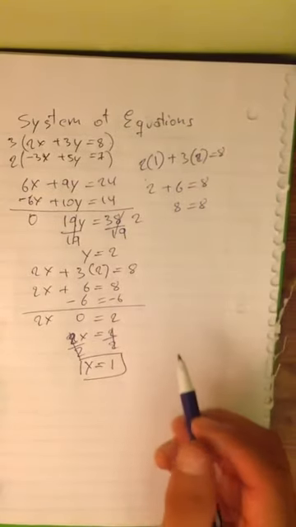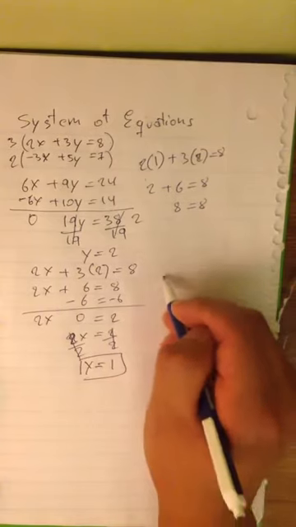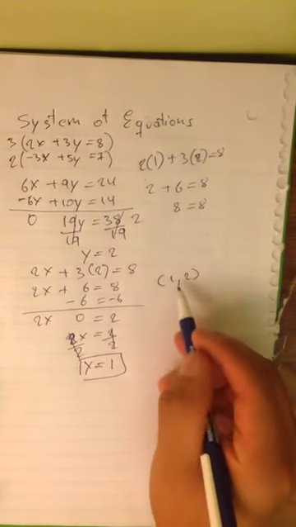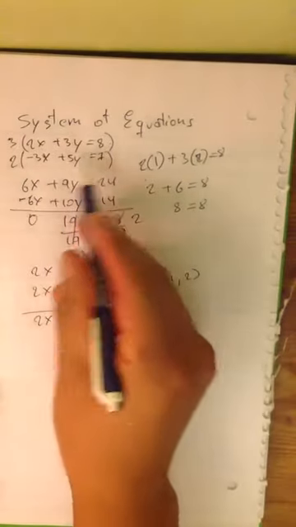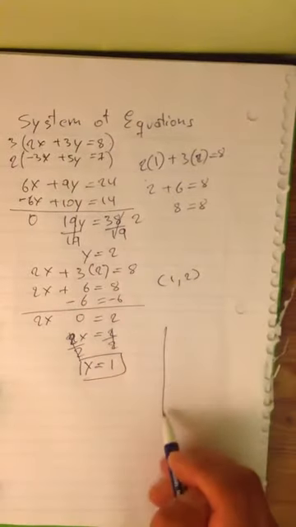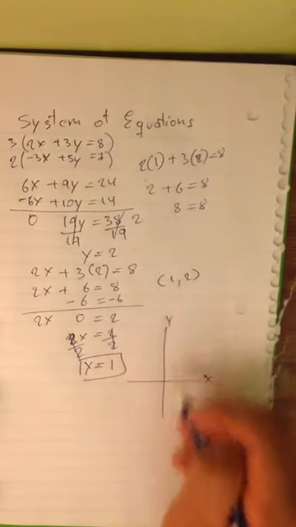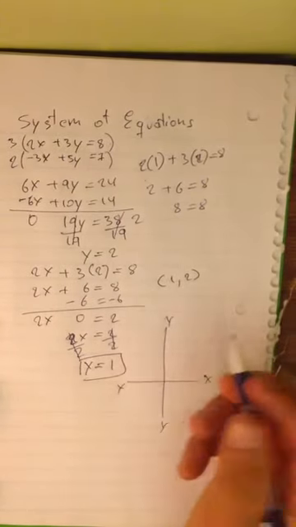So now, to get an idea of what we just found, this is the coordinates where these two equations cross each other, for example, in the xy plane. Okay, let's just do a little drawing.